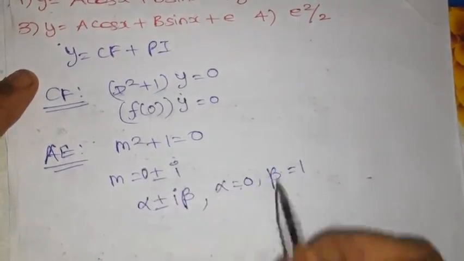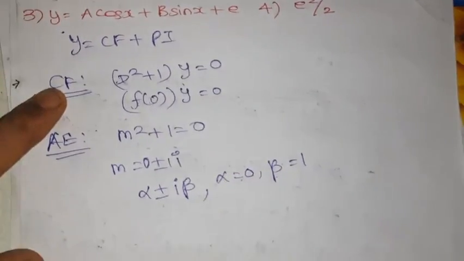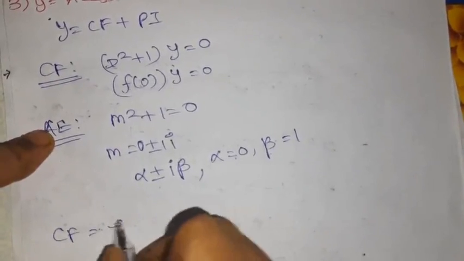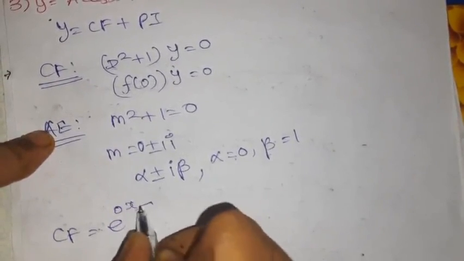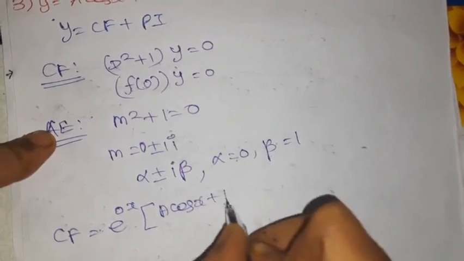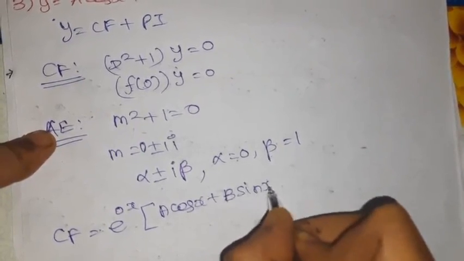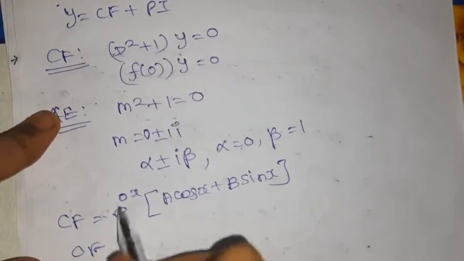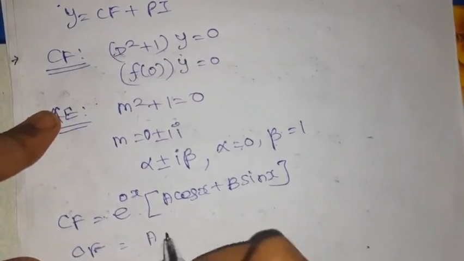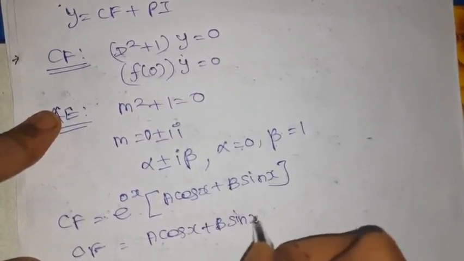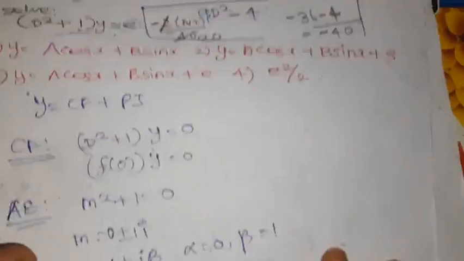So the complementary function is e power alpha x, e power 0x, times a cos beta x plus b sin beta x, that is a cos x plus b sin x. e power 0x is nothing but 1 only. So complementary function equals a cos x plus b sin x.